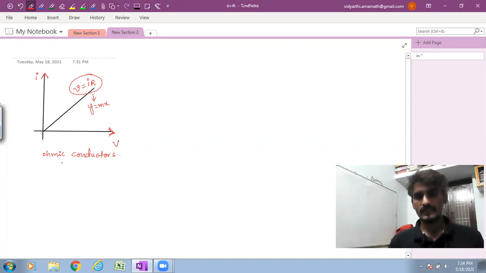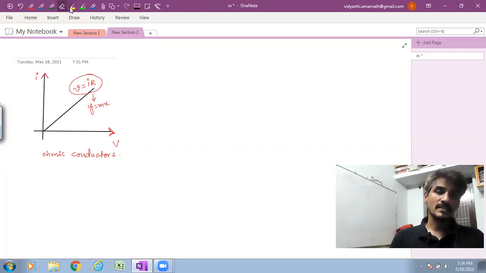The actual equation of a straight line is y equals mx plus C. If there is no C, if C is equal to 0, it means the straight line is passing through the origin. So if we get a straight line, we call it an ohmic conductor. Even this is possible only up to a certain level.